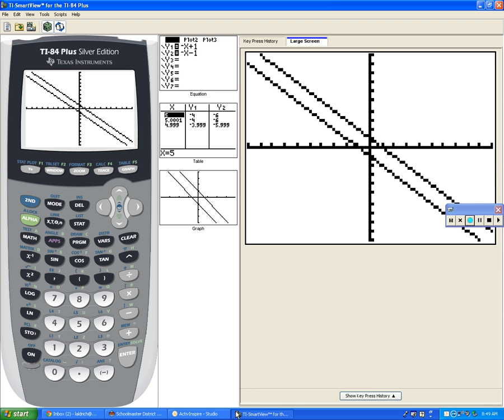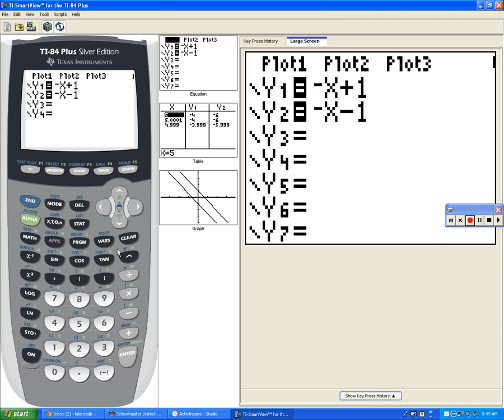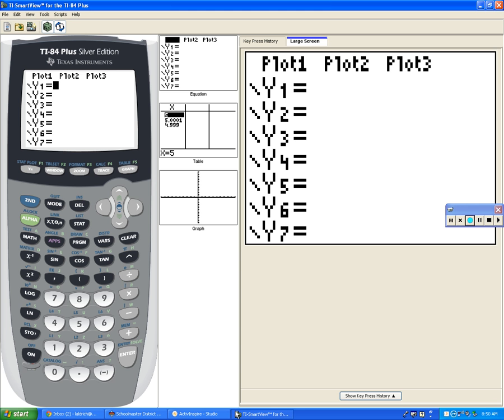How'd I make the graph? Okay, from the top. You get y equals. The first thing I want to graph is this one right here, negative x plus 1. So I'm going to hit the negative button, not the minus button, x plus 1.